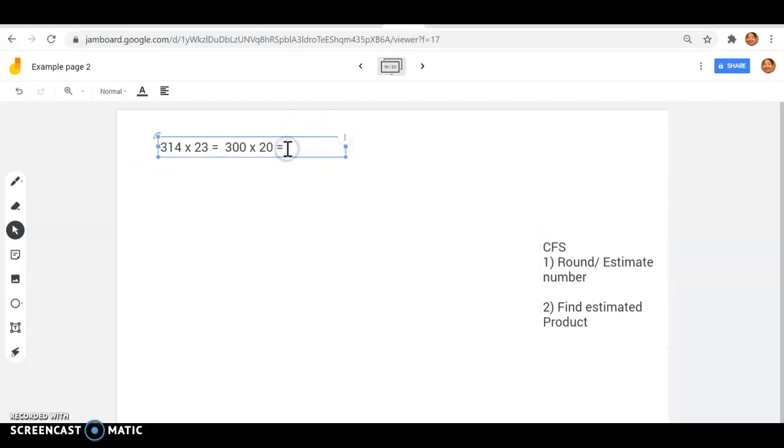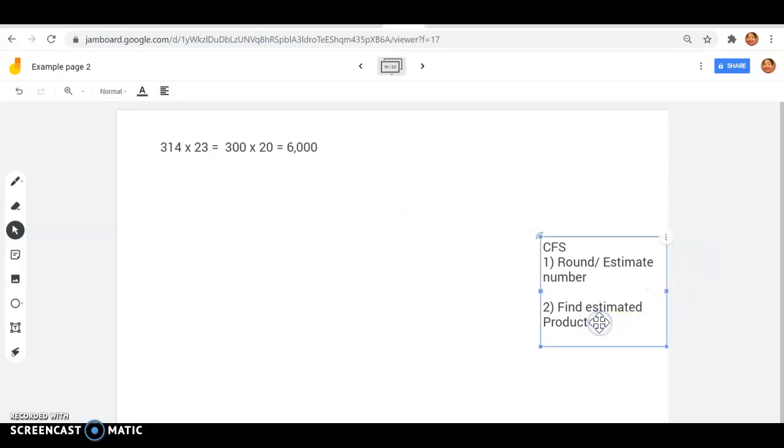A really quick way to find the estimated product when we have hundreds and tens is to multiply 3 times 2, which gives us 6. Here we see that we have 3 zeros, so our estimated product is going to be 6,000.